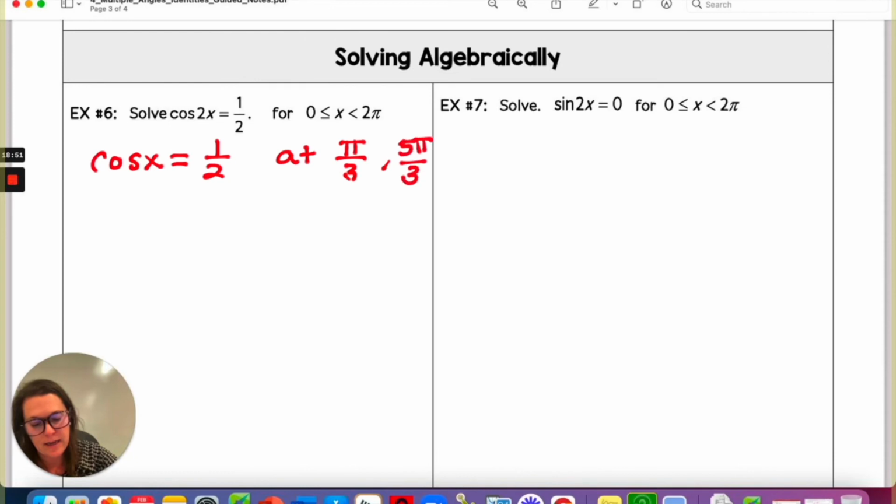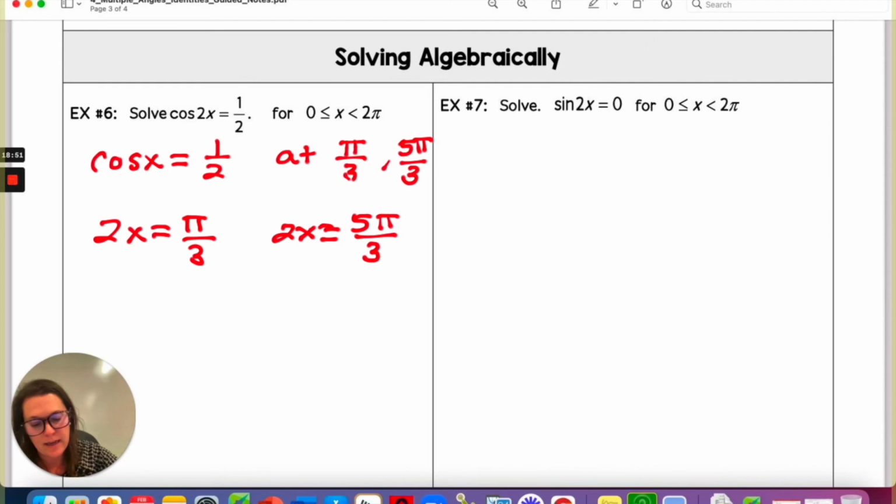Okay. So now we're going to go for our cosine of 2x. Well, we know that 2x needs to end up equaling pi over 3, and 2x needs to equal 5/3 pi.